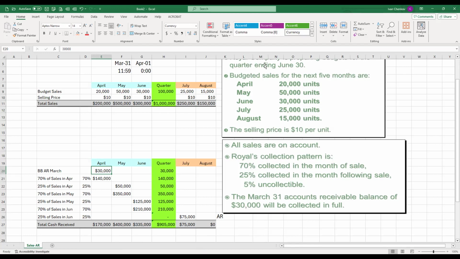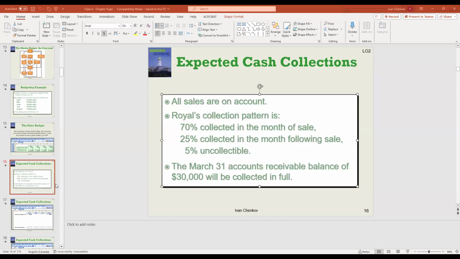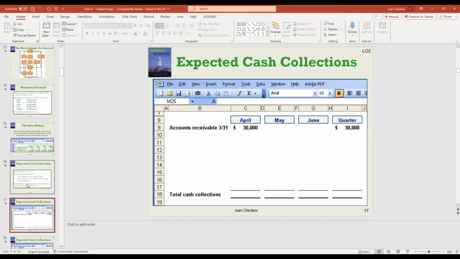All right, let's move now to the slides and cover the slides for those. Once we start doing the collection, again, first we're going to collect the accounts receivables that are sitting as an ending balance at the first quarter, 30,000, because that will become a beginning balance in the second quarter. We're going to collect it in full in April.